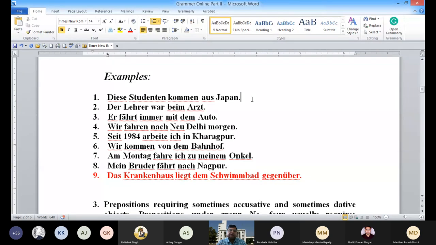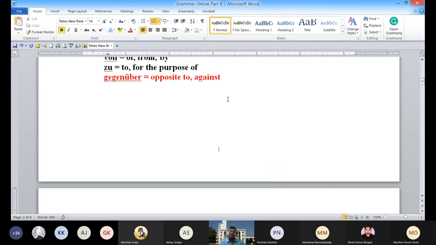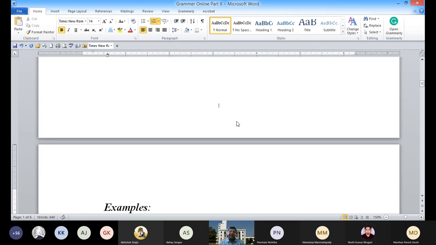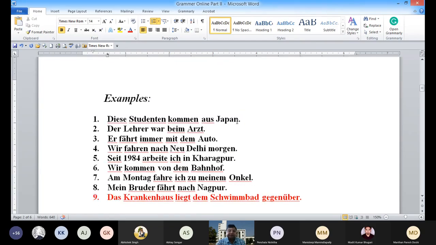But if you are using some noun, then also "aus" means something is coming out of something. Like students are coming out of the classroom. In that case, you can use the article and that will be dative form.